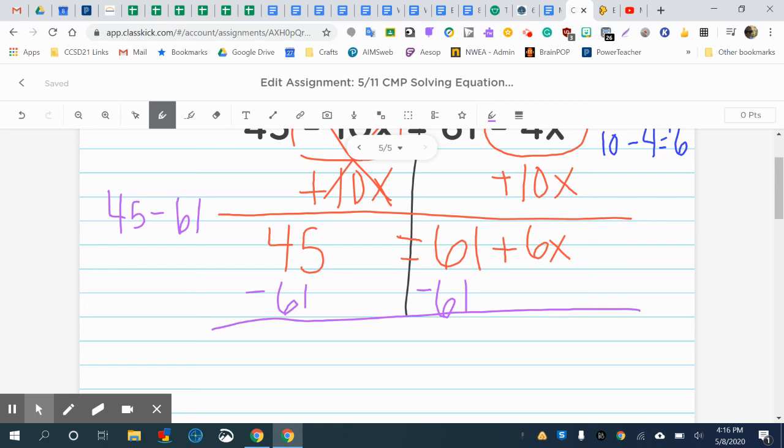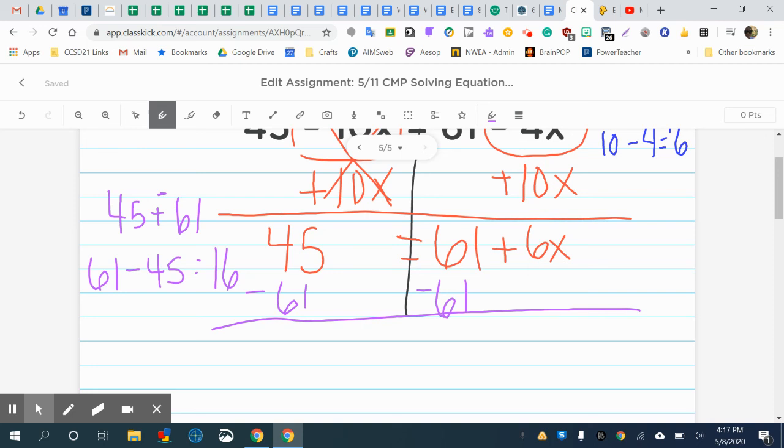We want to make it an addition. So 45 plus a negative 61. I'm adding numbers that have different signs. So I'm going to make it into a subtraction problem. 61 minus 45. How many of you can do that in your head? 61 minus 45 is 16.